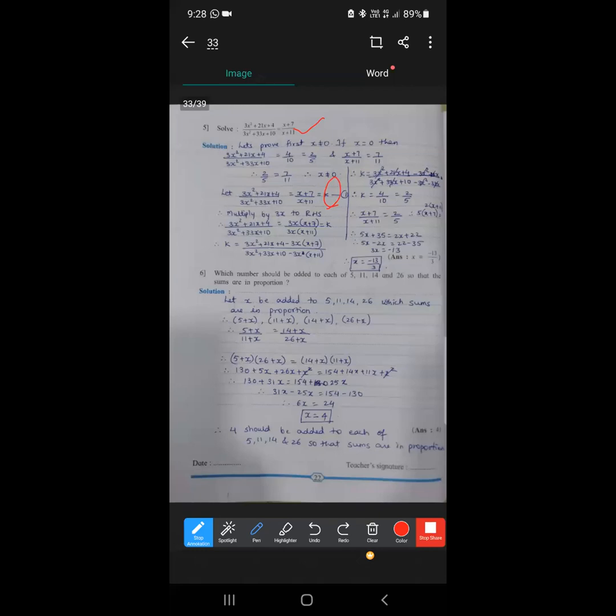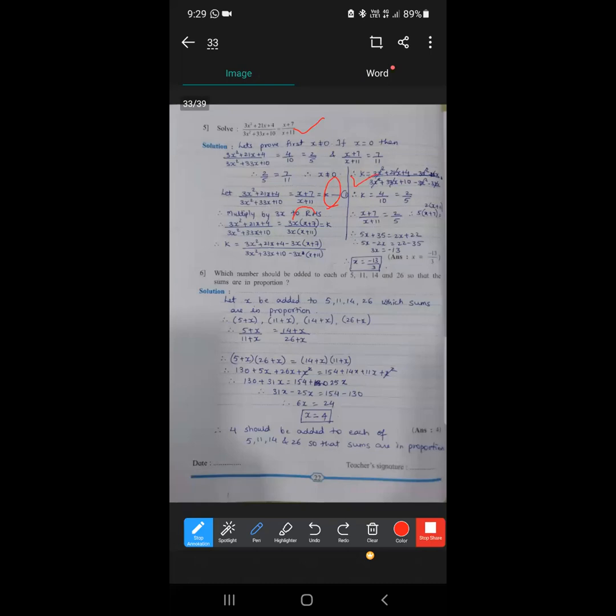Now here 3x into x will be 3x square, plus 3x into 7 will be 21x. And in the denominator, 3x into x will be 3x square plus 3x into 11, which will be 33x. So this is the multiplication step.